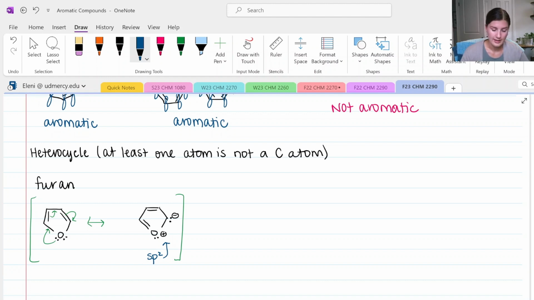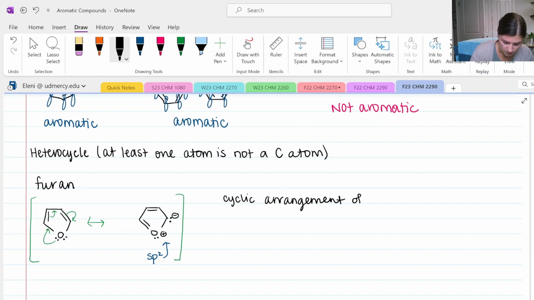So we do have a cyclic arrangement of unhybridized p orbitals. We can say every atom in the ring has an unhybridized p orbital. And since each atom is sp2 hybridized, it is planar.